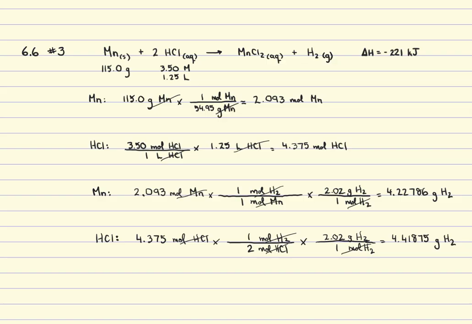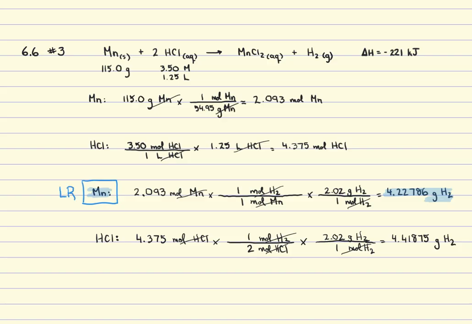Okay, so now I'm going to use my handy dandy highlighter to show you that the smaller amount produced is the 4.22786 grams of hydrogen, which means that we go back to manganese and we can label manganese as the limiting reactant or limiting reagent.